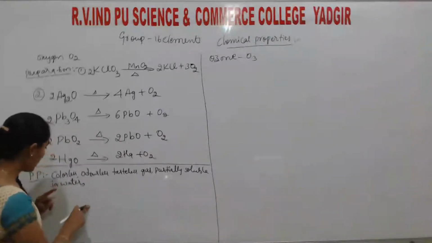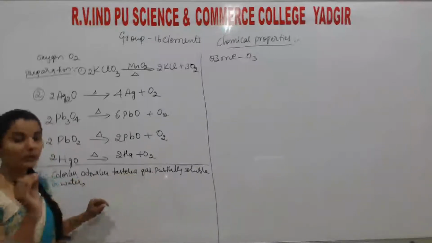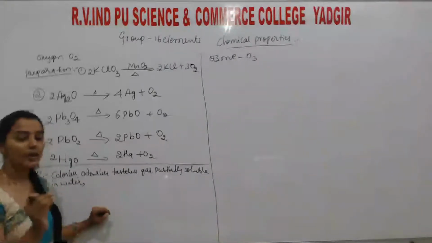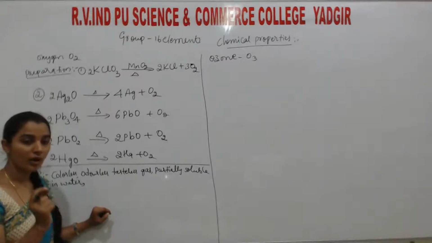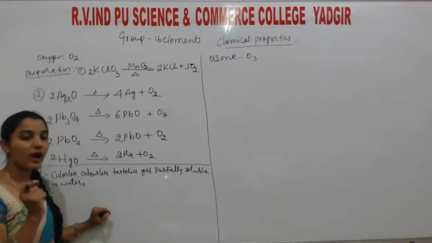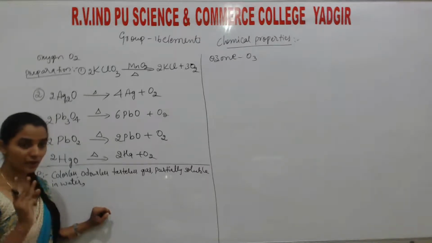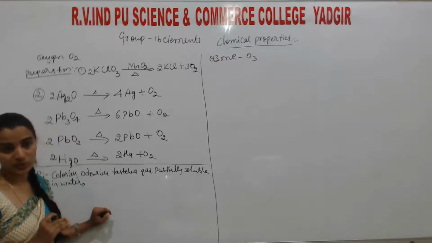Only 3 cm3 of oxygen is dissolved in 100 cm3 of water, and that is enough for aquatic animals' respiration.